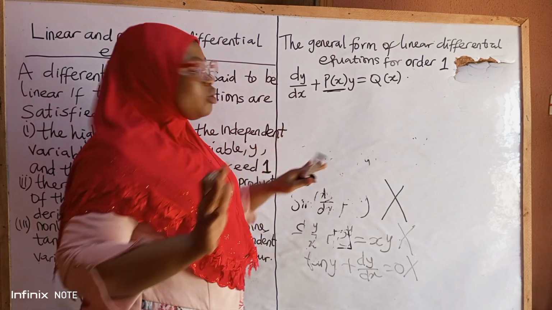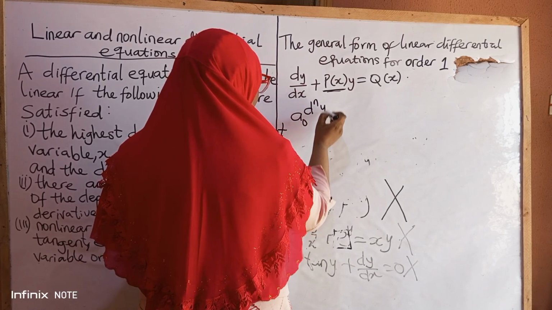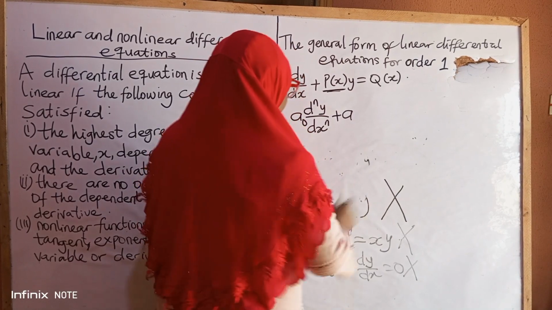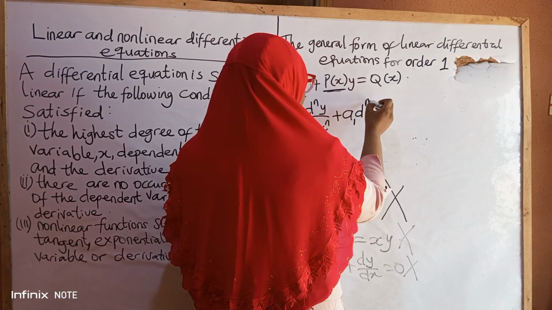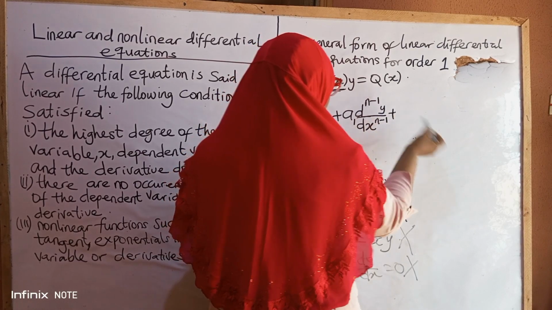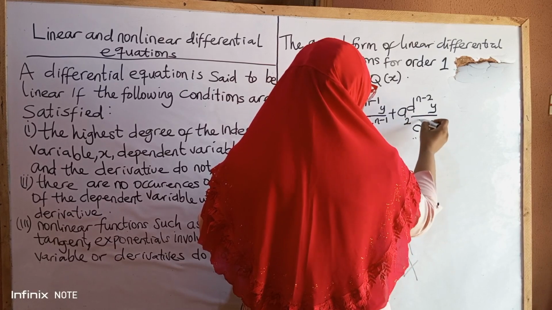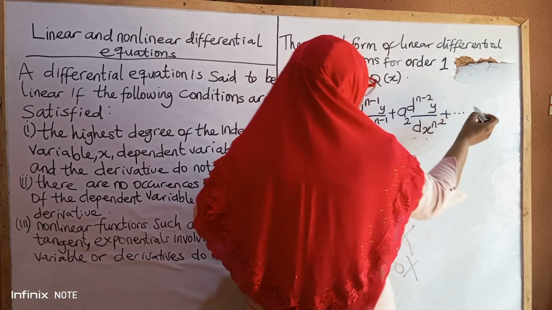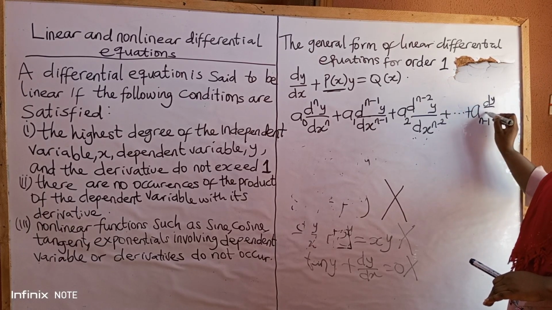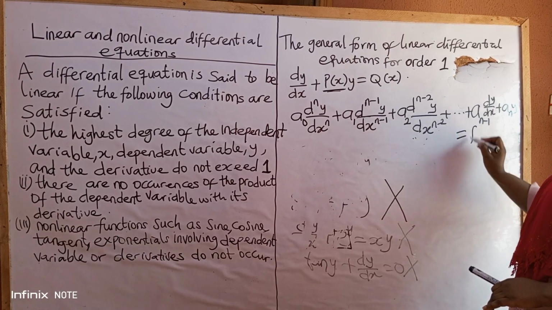So if you now want to write for order n, you can say we have a0 d^n y/dx^n, then plus a1 d^(n-1) y/dx^(n-1) plus a2 d^(n-2) y/dx^(n-2) plus, so we get to a(n-1) dy/dx, then plus a_n y is equal to, maybe, f(x).